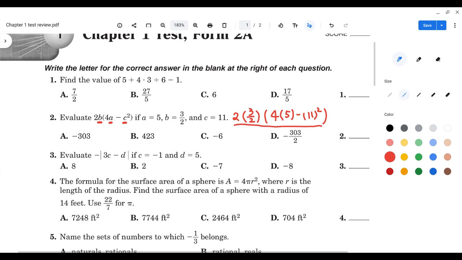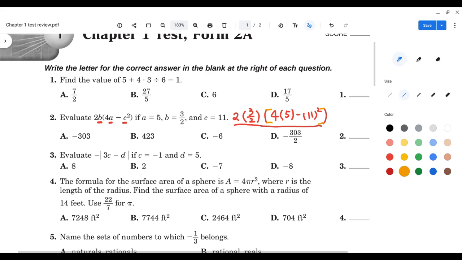But a lot of times in math, when you have parentheses outside parentheses, usually the outside one looks like a bracket. Okay, that's just to eliminate the confusion. Plug it in. This is all the work I need on the paper. Then you give me an answer using the calculator.